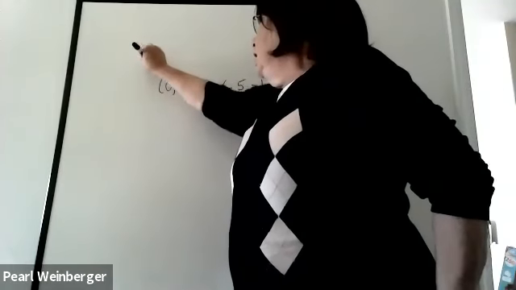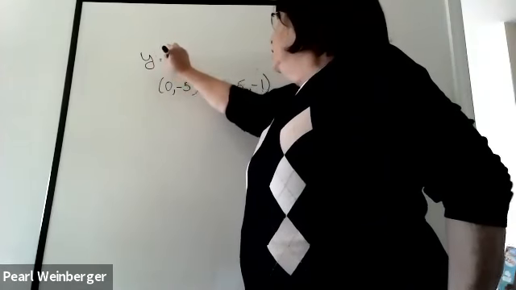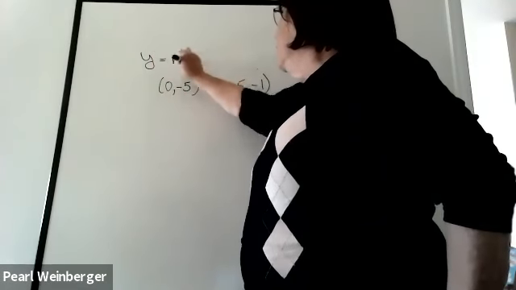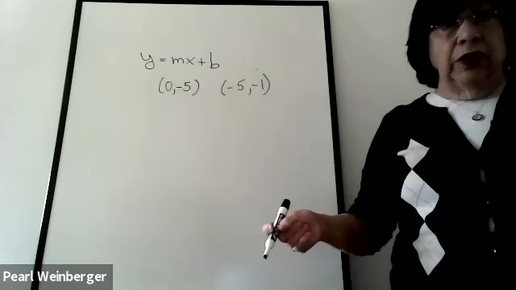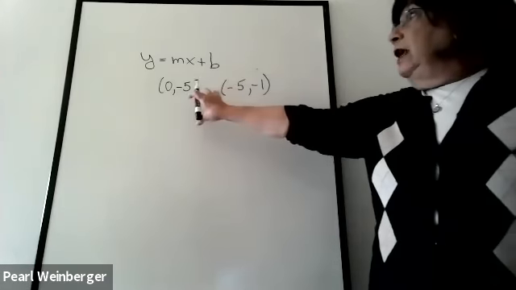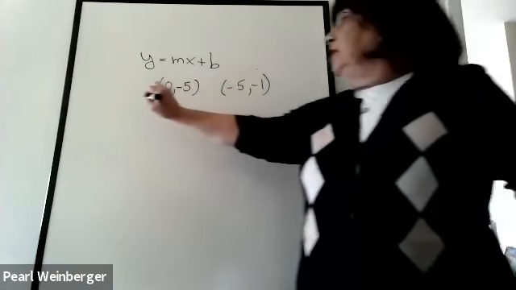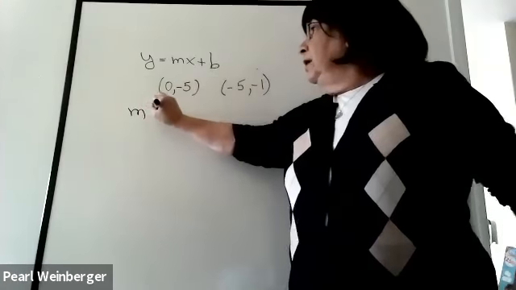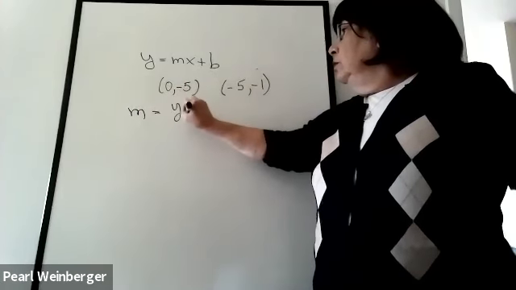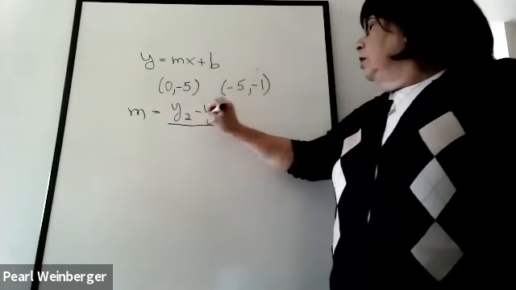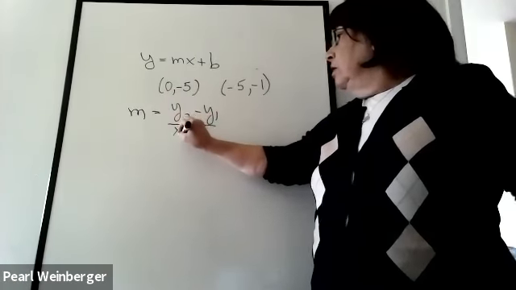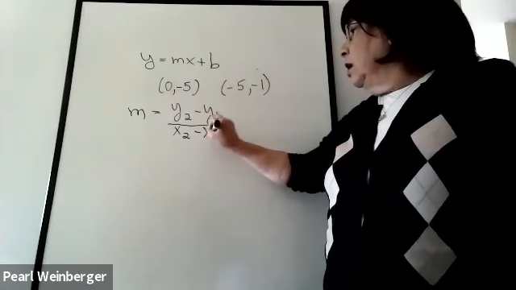Again, when we want to write the equation, it's y equals mx plus b. Okay. And again, the first thing we want to do is find the slope. Well, if we have 2 points, we know how to find the slope. The slope is y2 minus y1 over x2 minus x1.